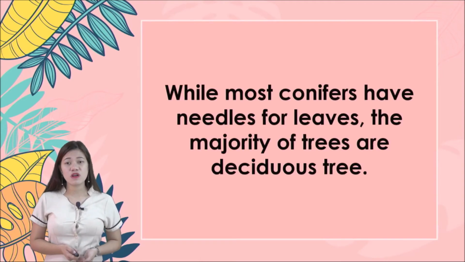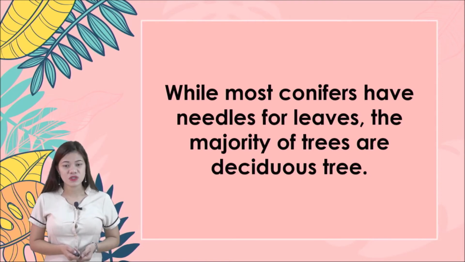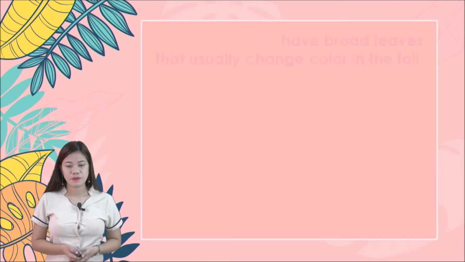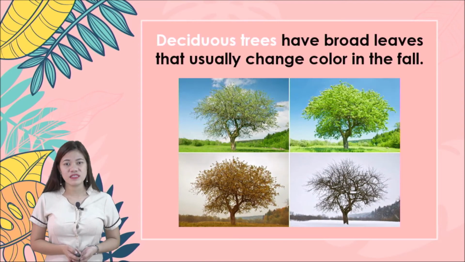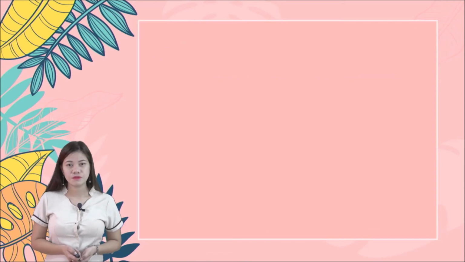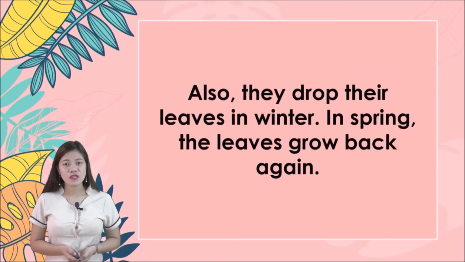While most conifers have needles for leaves, the majority of trees are deciduous trees. Deciduous trees have broad leaves that usually change color in the fall. Also, they drop their leaves in winter. In spring, the leaves grow back again.